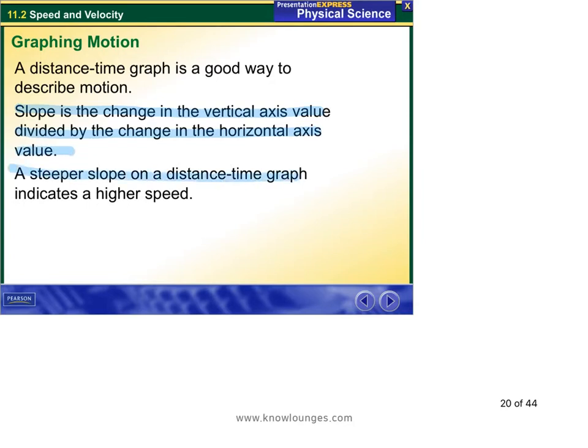Steeper slopes indicate a higher speed, and you can think of slope as just how steep the line is. It's a nice term you should have encountered in Algebra 1. Another phrase you would have encountered in Algebra 1 for slope is rise over run.